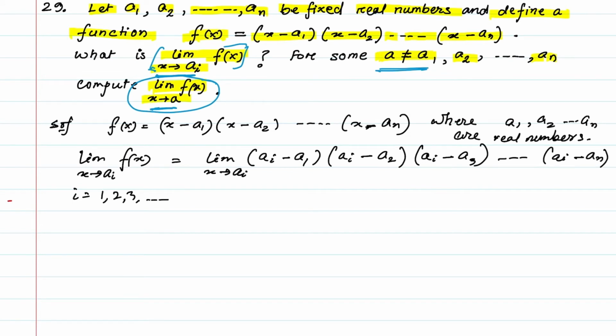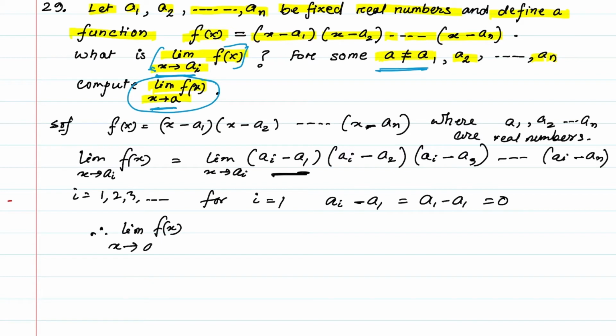So for these values, you see, for i is equal to 1, ai minus a1 is equal to a1 minus a1, that is equal to 0. If you put 0 here, this whole thing becomes 0. So therefore limit of f of x as x tends to ai must be equal to 0. Hope you have understood how we have got 0.